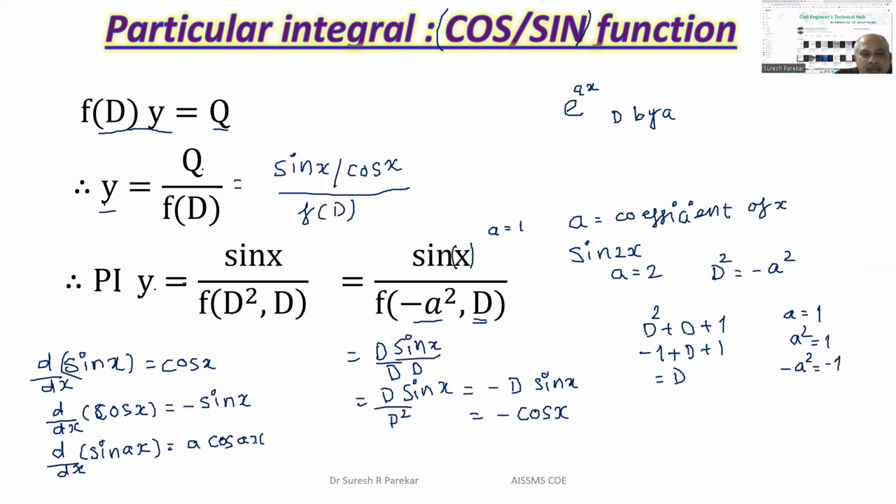The value of a may be 2, 3, or any value, and that will be outside. And d/dx of cos ax is minus a sine ax. So keep that in mind. If we have sine 2x, then the derivative is 2 cos 2x. Whatever the value of a, we take it outside. Here the value is 1, so we have 1 cos x, and 1 we do not write. So we have written it as minus cos x.